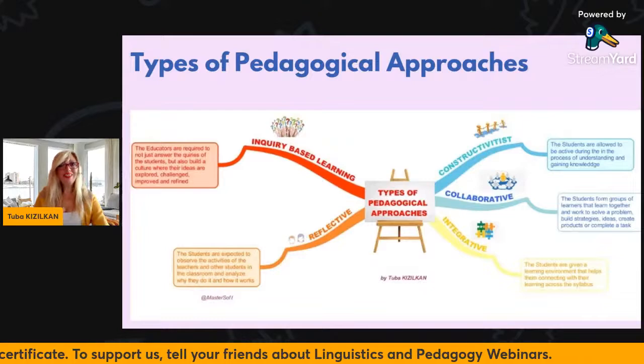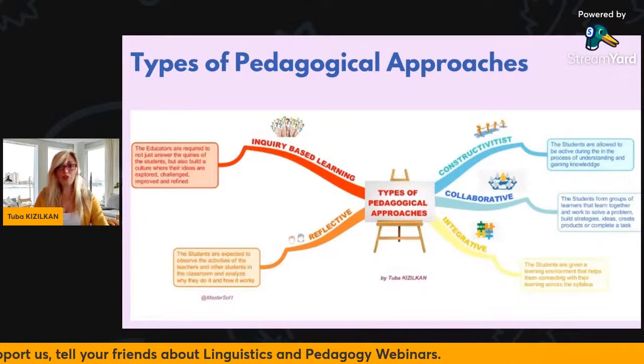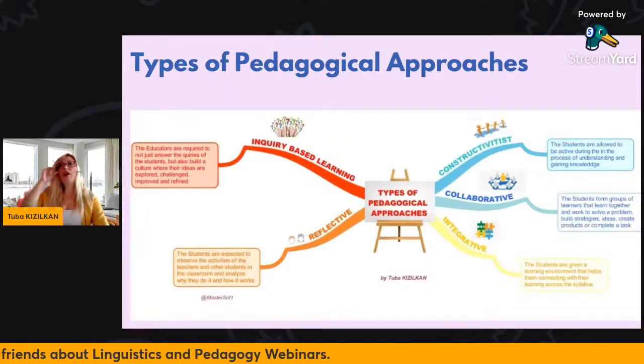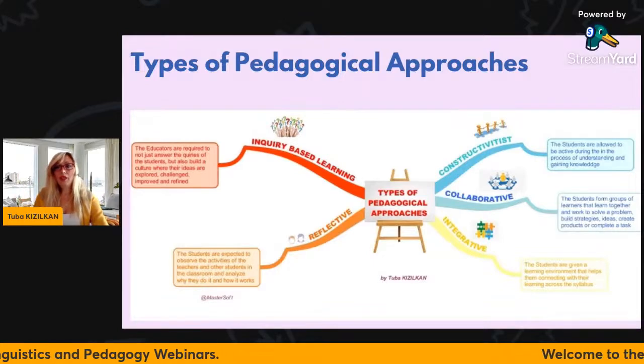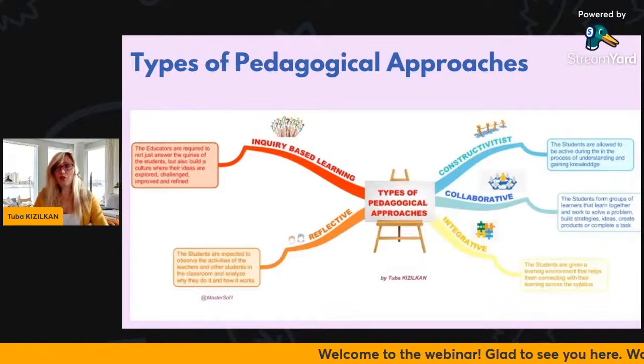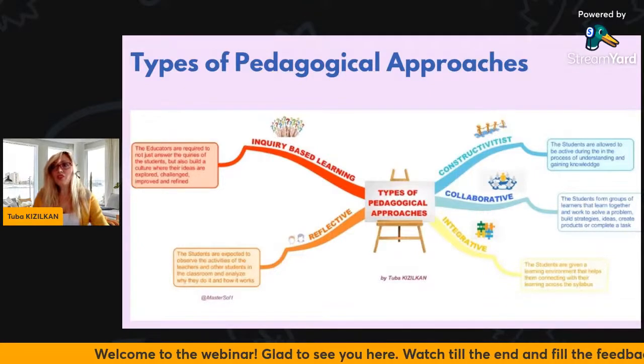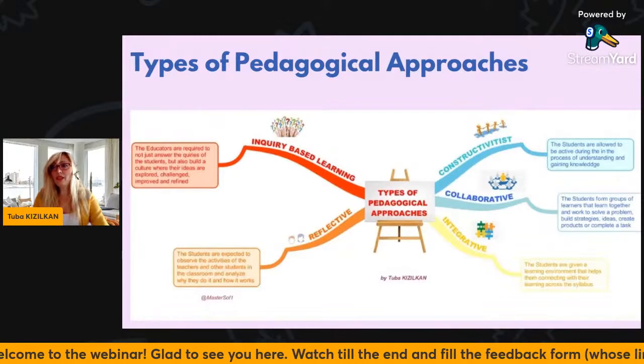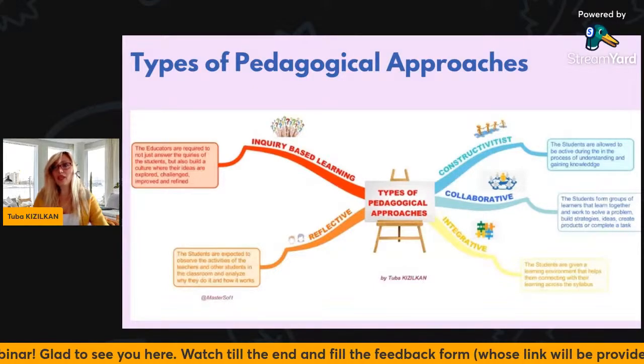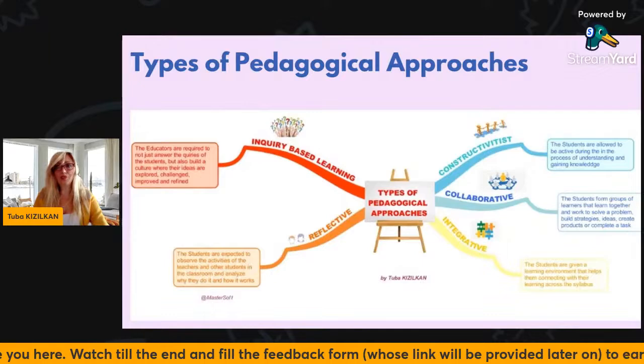So these are the types of pedagogical approaches. I summarized them in 5 numbers. The first one is the constructivist approach. What is the constructivist approach? It means that the students are allowed to be active in the process of understanding and gaining knowledge.